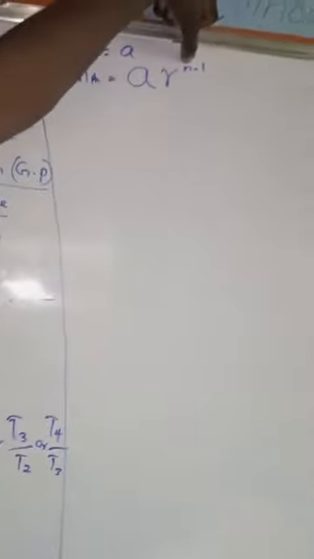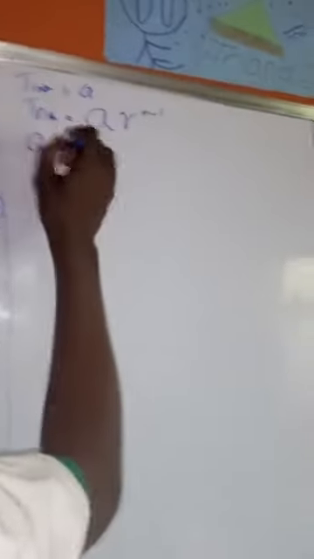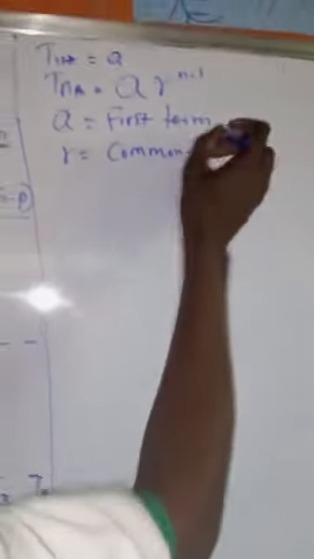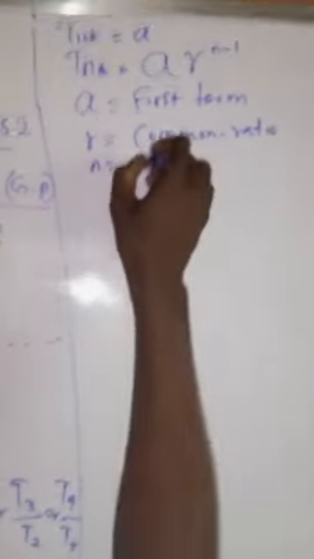So this is your first term, this is your common ratio, and this is the number of terms. So A is the first term, R is the common ratio, while N is the number of terms.